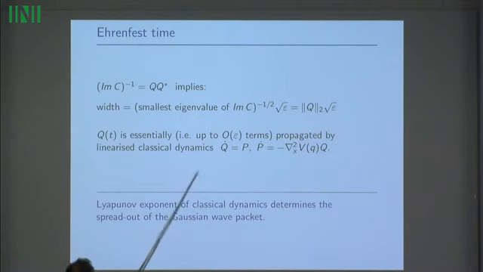But Q is propagated by classical dynamics up to terms of order epsilon. And so Q can only grow if the linearized classical dynamics grows, but the measure for this growth is the Lyapunov exponent. And so the classical Lyapunov exponent of the classical dynamics determines the spread of the Gaussian wave packet, which is a remarkable result which you only get from this Hagedorn parametrization.